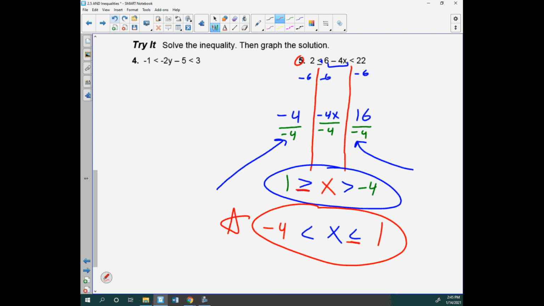I prefer to graph this one more, so I'm going to go ahead and do it that way, just because it follows, hey, the small number's on the left hand, the big number's on the right hand. This 4 has an open circle, and the 1 has a closed circle. And I know that every single "and" problem is going to look like that, meets in the middle. Okay? So there is our 2 correct answers.